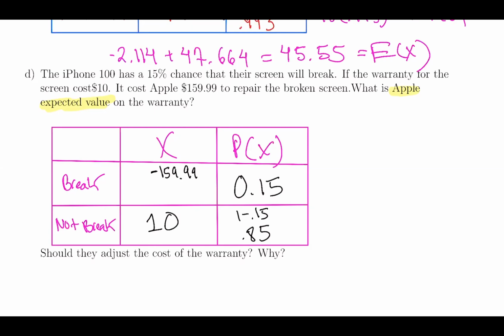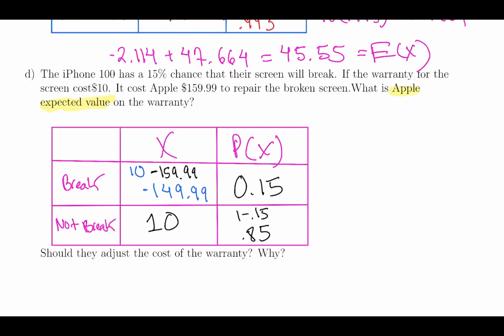So what you want to do is say 10 minus 159.99, which will give you a negative 149.99. All right, so that's both of our X's and both of our probabilities.